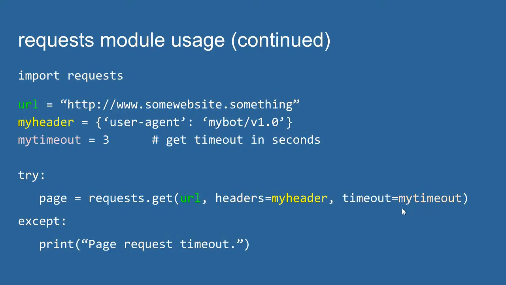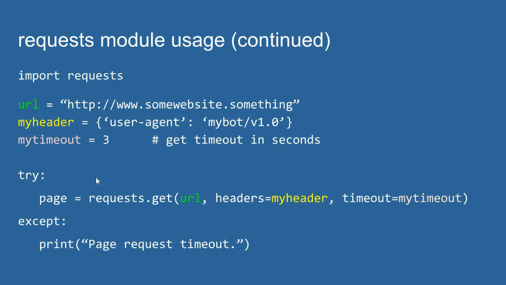And then we can also supply a timeout value in seconds. Sometimes you will try to make a connection to a web page and it will just hang and hang and hang. To avoid your program just becoming stuck, you can set a timeout. It's good practice to set a timeout for your GET request. In this example, I named my user agent MyBot version 1.0. I set a timeout of 3 seconds. We have some website, and then I'm going to pass these values into my get method and try to get this page.